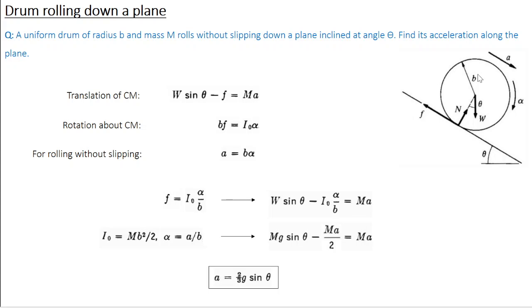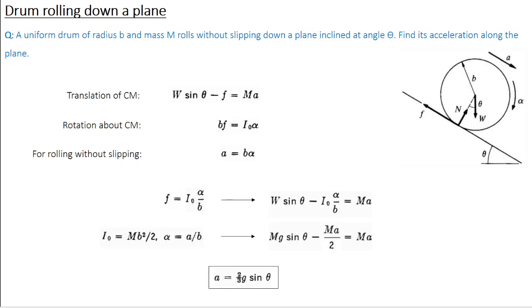Second, let's consider the rotation around the center of mass. So what are the forces here? You have a normal force in the vertically upward direction, which will be compensated by the vertical component of weight. So these two cancel, you don't have to bother about it, and you need to consider only the frictional force.